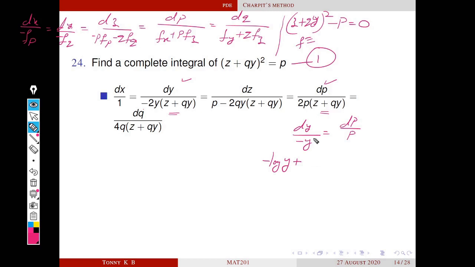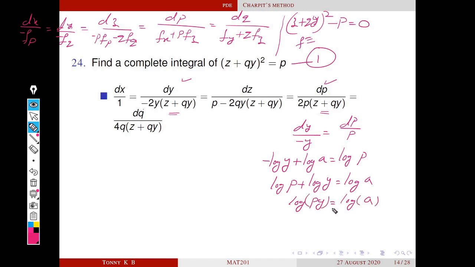for easy computation, we add the constant of integration on the left side. Now this is of the form log p plus log y. So this is log py. We can cancel log by taking the exponent. So this implies p equals a by y.